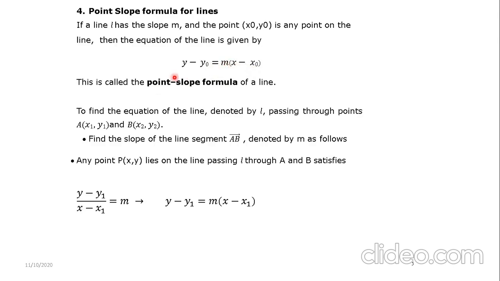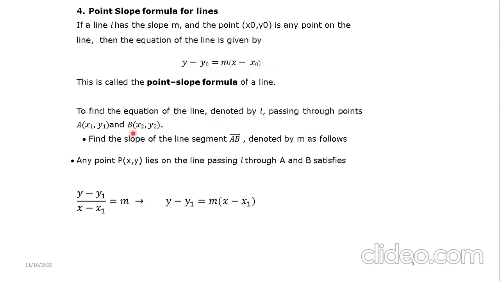So this equation is satisfied by any other point on the line. If you substitute any other point, you have to get the left side equal to the right side.